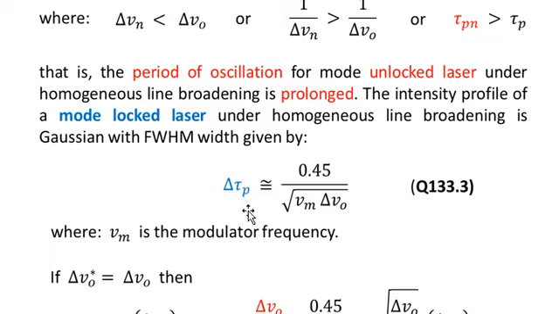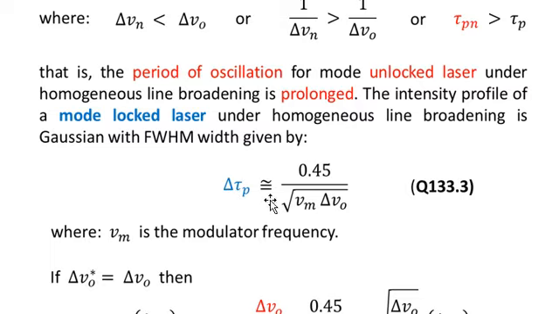That is, delta tau p is equal to 0.45 divided by the square root of nu m times delta nu naught, where nu m is the modulator frequency. The modulator frequency that we have mentioned as omega m is in the angular domain, and the modulator frequency in the linear domain is nu m.